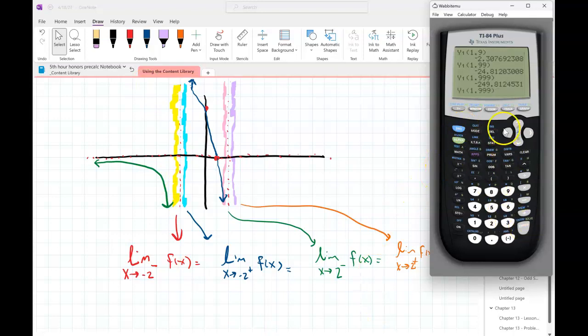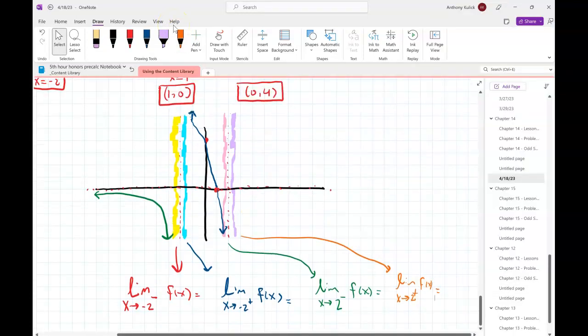I'll just press second and enter to retrieve that so I don't have to dance through all those menus again. And just get progressively closer. So 2.1, 2.01, 2.001. But already at this point, I see what's going on. Everything is getting bigger. So my final arrow should be pointing up. So I'm going to do that.